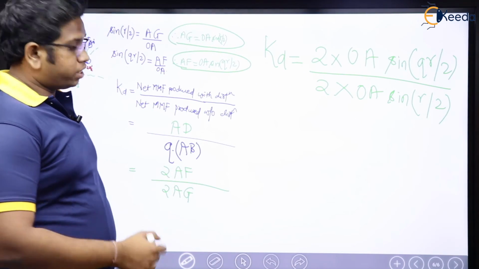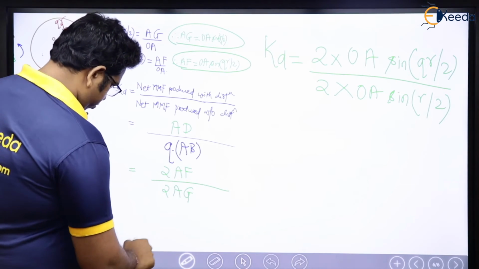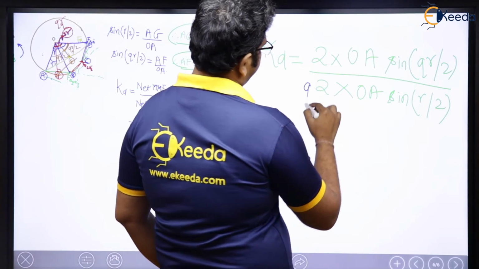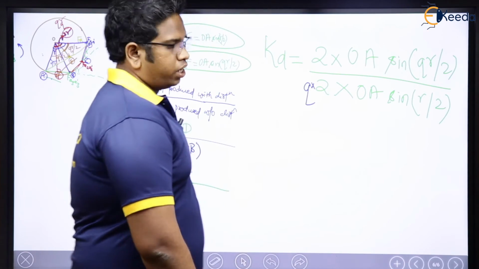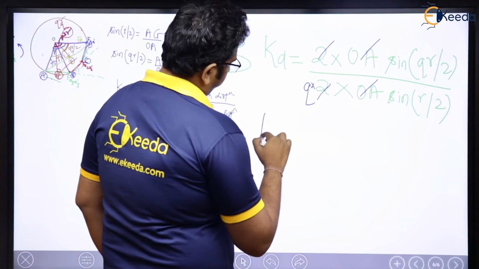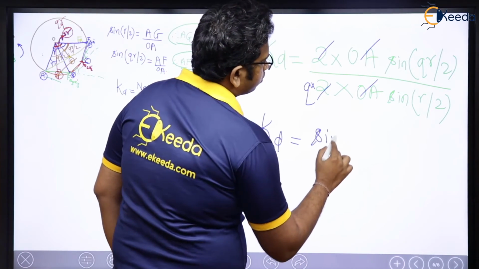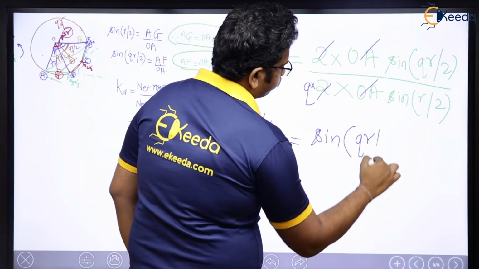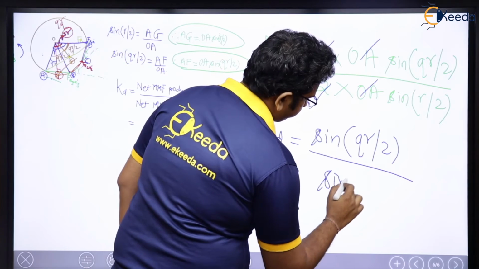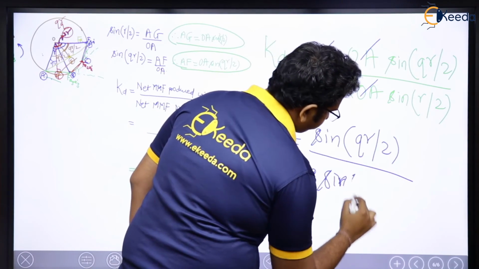But here one thing you just left: Q. Here we have Q also, so Q also will come. Now 2 gets cancelled, OA gets cancelled. What do you get here? You get KD equal to sine Q gamma by 2 divided by Q sine gamma by 2.